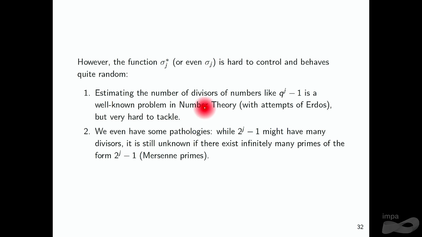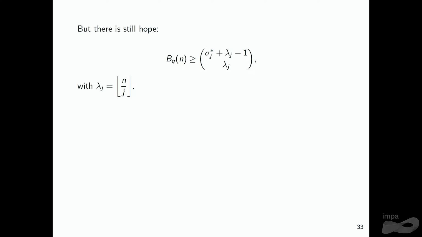And just to give a very interesting example, if we consider 2 to the j minus 1, this number can have many prime factors, but at the same time, we don't even know if this number is prime for infinitely many exponents, right? So basically, we cannot give the exact growth of this binomial. I think it's out of reach.